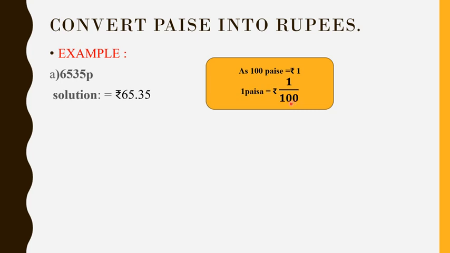Whatever question is given, we are going to count only two numbers from the right side. So we count 1, 2, and then put a dot. The left side number will represent your rupees and the right side number will represent your paise, and our answer will be rupees 65 and 35 paise.